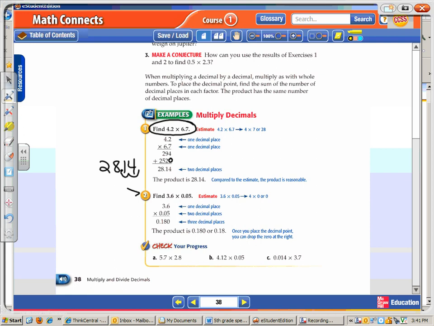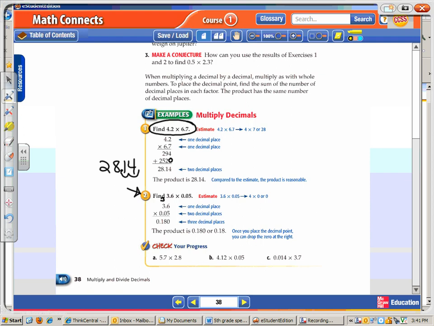Same down here, 3 and 6/10, multiplying that by 5/100. You'll notice that they multiplied just by 5/100. They didn't multiply by the 0 in the 10th place and the 0 in the 1's place. So 5 times 6 is 30. 0 comes down. Carry the 3. 5 times 3 is 15, plus the 3 over here is 18.